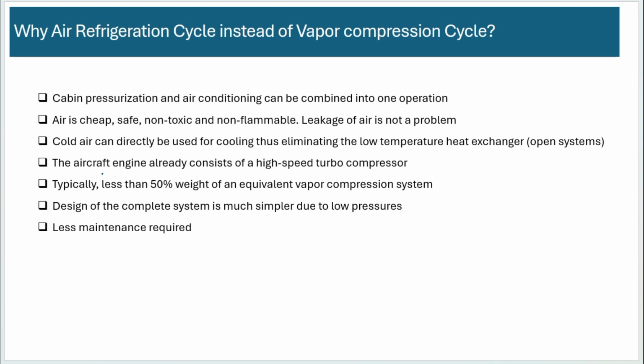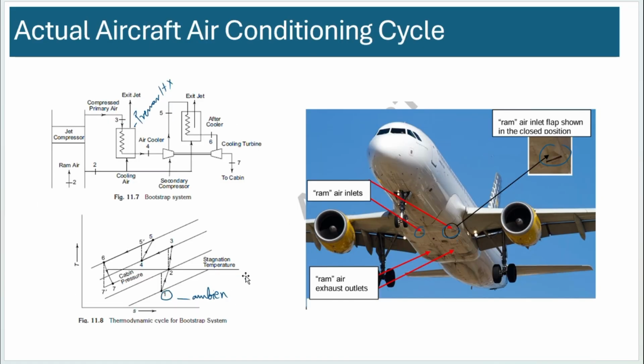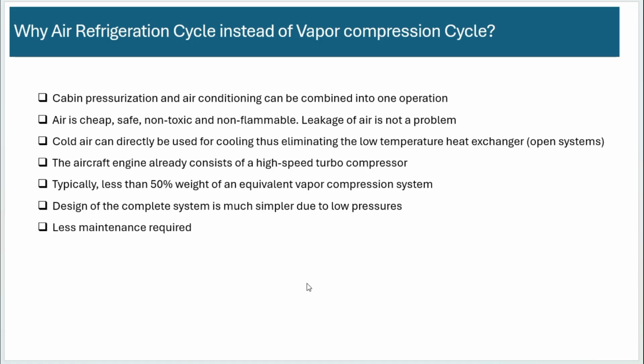And why do we use this system as opposed to a vapor compression cycle? This system is much less efficient than a vapor compression cycle. Why do we still use it? Well, primarily because you can combine pressurization and air conditioning into one operation.